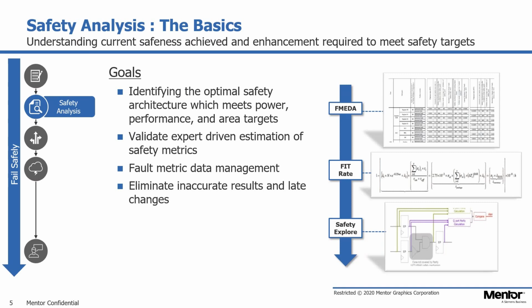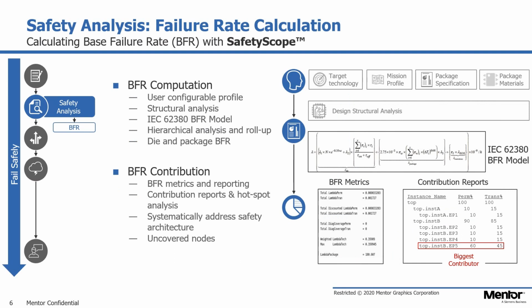The first step to reach these goals is what we call base failure rate calculation, and for this Mentor has a tool available, which we announced recently. It's called SafetyScope. What SafetyScope basically does is calculate base FIT rates, and I'll cover those in a second, with certain input parameters.